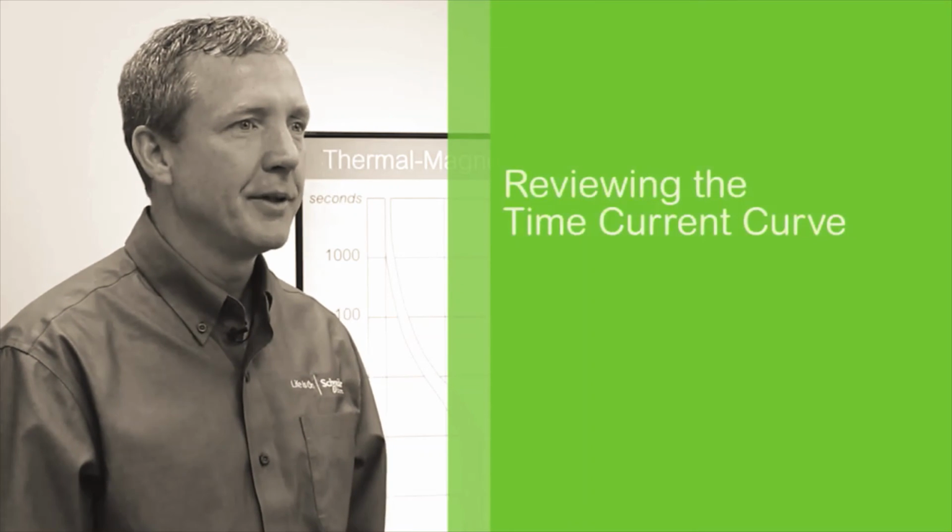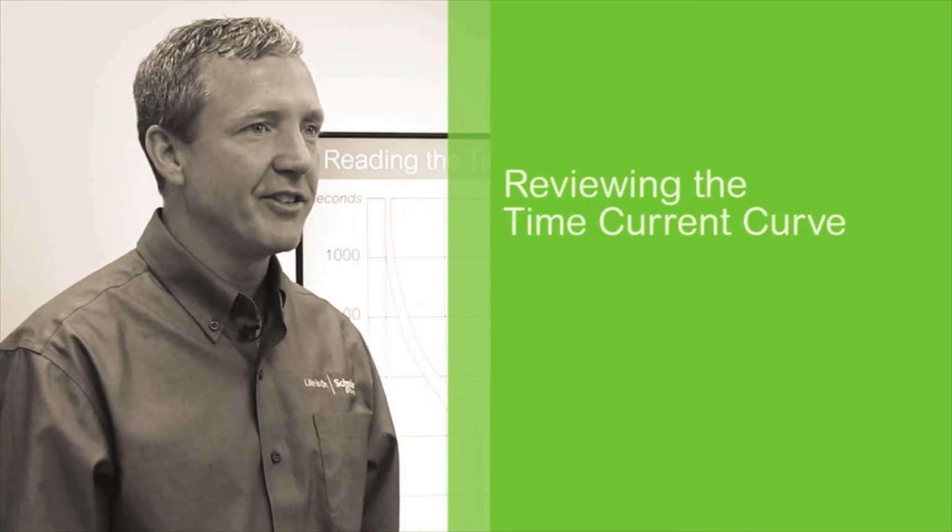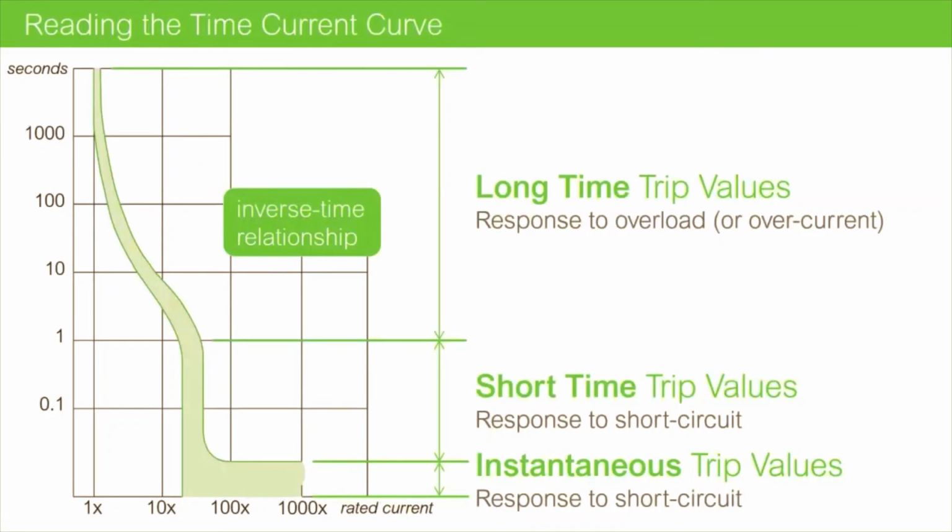In review, to be able to identify ranges and values, remember that for a time current curve, you need to know the amperage rating of the circuit breaker to understand what the multiple rated values of the circuit breaker would be. Remember that the trip responses have a trend of an inverse time relationship. The higher the current, the faster the response.